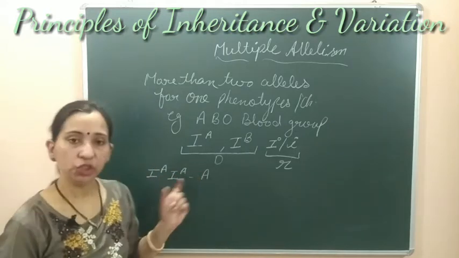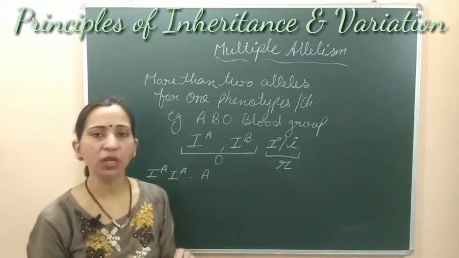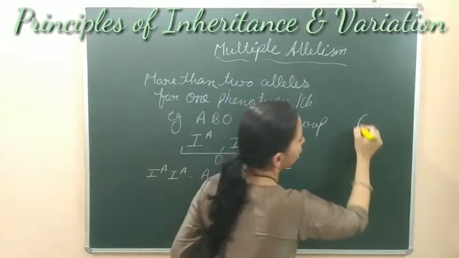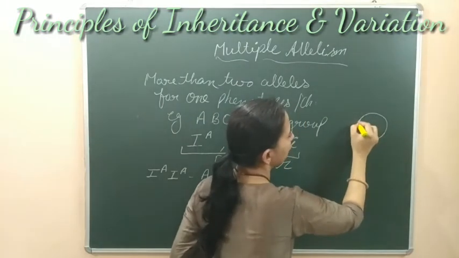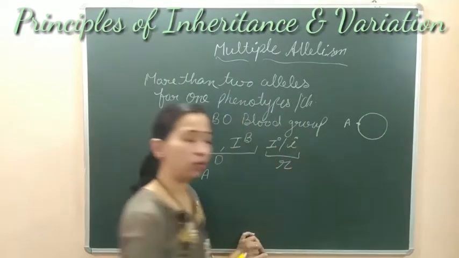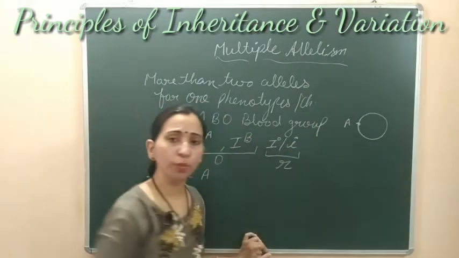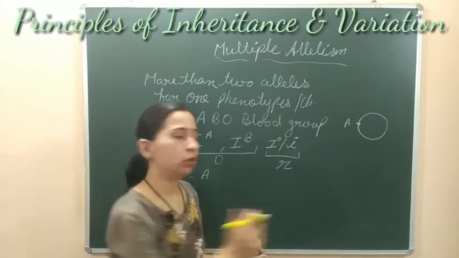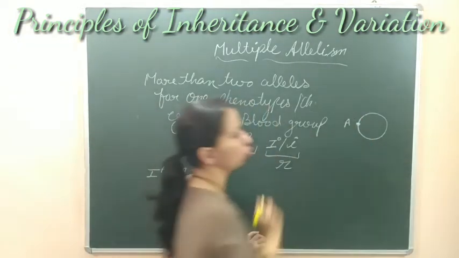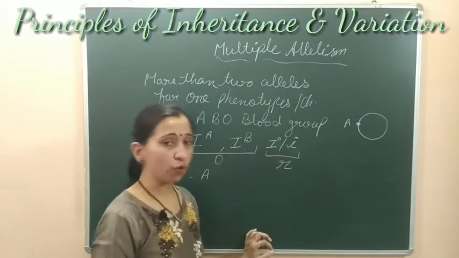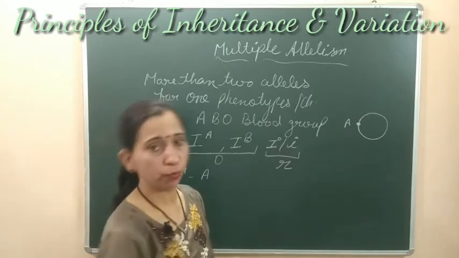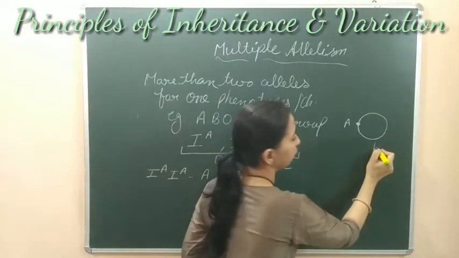When the IA gene is present, it will form the glycoprotein, or antigen, that is A. The blood group of this human being will be A blood group, and the antibodies found in this human being will be B.